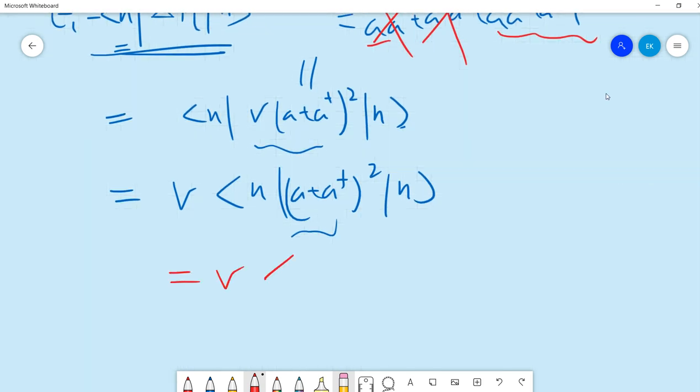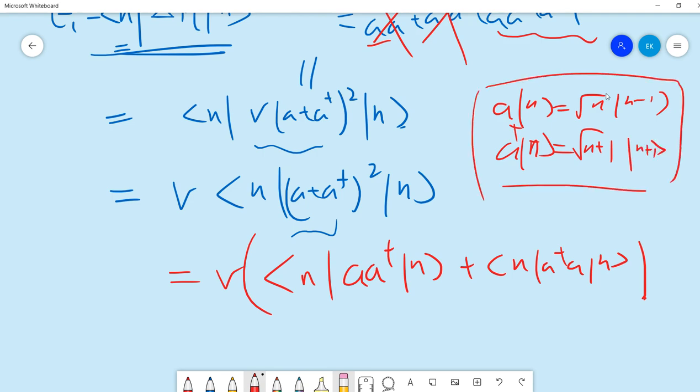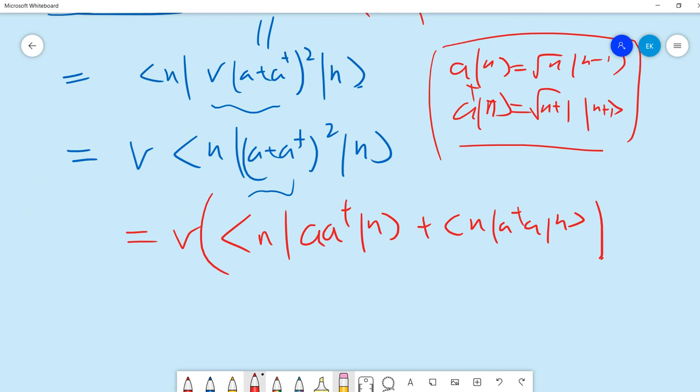Okay, so this is also just n a dagger a n, right? And then remember this. Sometimes I feel like quantum mechanics is just some stupid linear algebra. Basically, once you remember the rules, then everything is very easy.